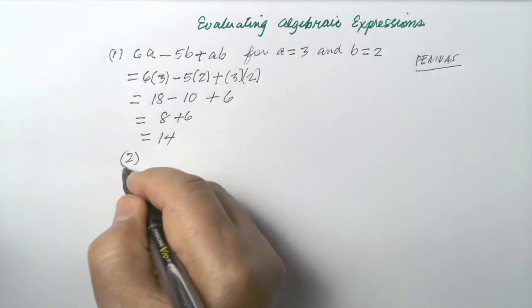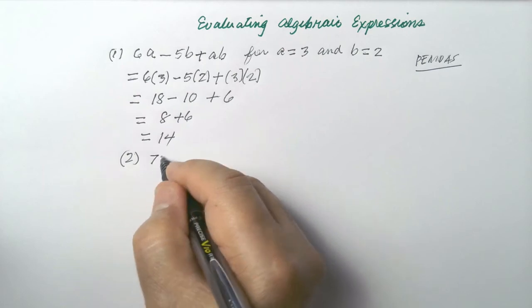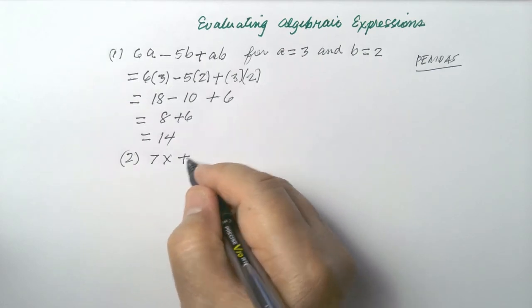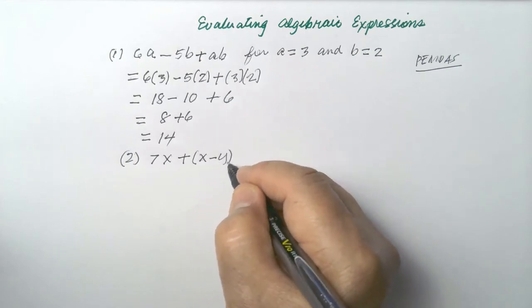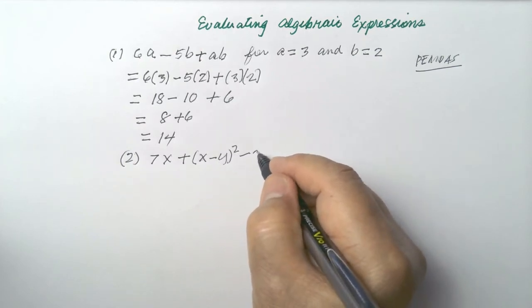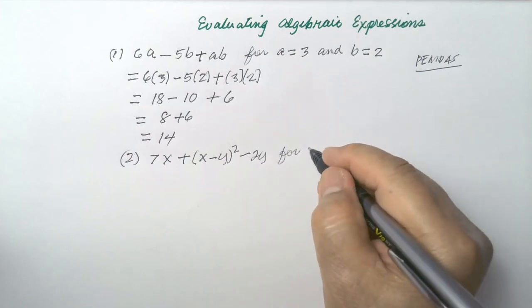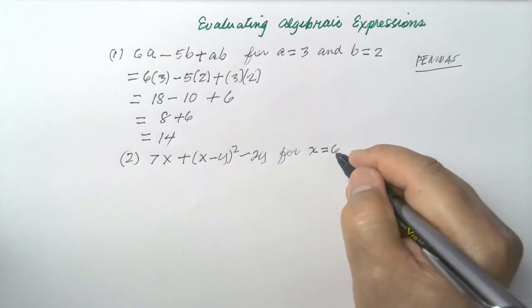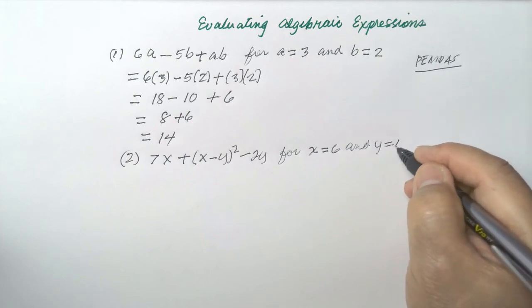Another example. Let us say we are asked to evaluate 7x plus (x minus y) squared minus 2y for x is 6 and y is 4.